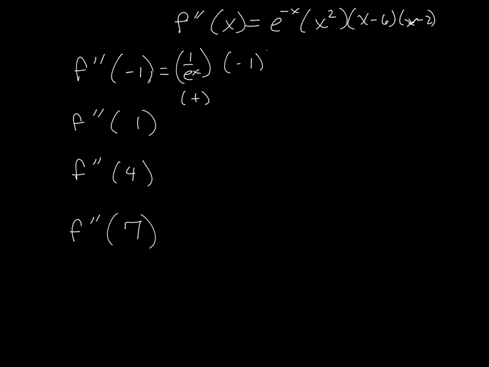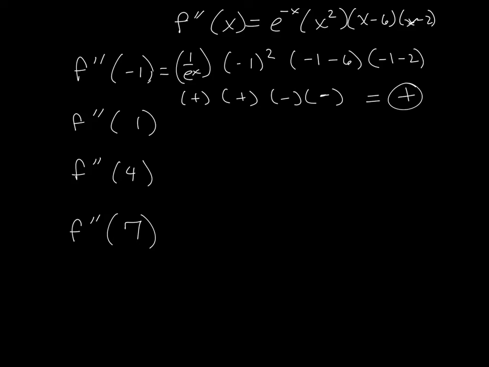Then -1 squared is always going to be positive. -1 minus 6 is always going to be negative. And the last one, -1 minus 2, is always going to be negative. So that tells me this is always going to be positive for that first interval. Negative times negative is a positive.